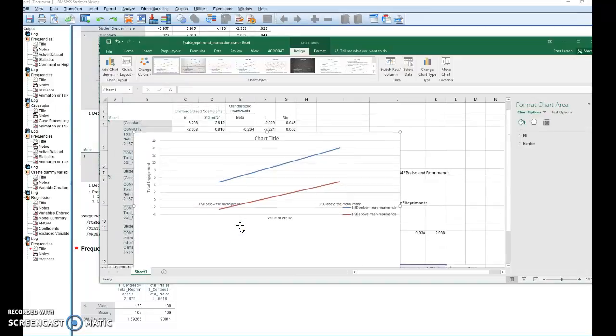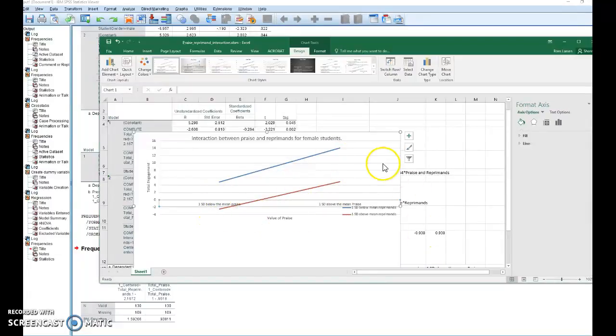So this is an ordinal interaction that's not even statistically significant. So the interaction between praise and reprimands for female students, because remember I called the male value 0 for females to have that term vanish. And so here's my interaction plot.